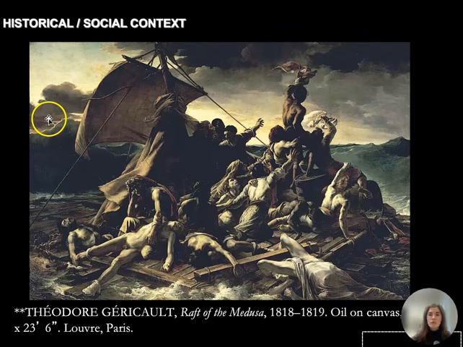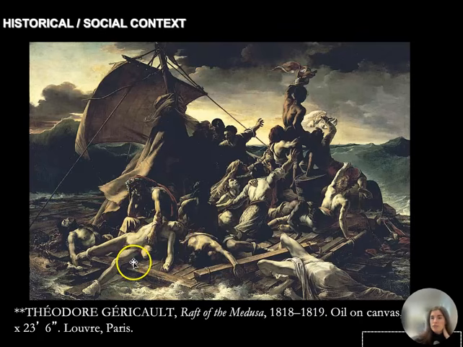The power of nature is often really heightened. So you can see these dramatic waves. And the figures are all oriented into this pyramidal composition. I don't know if they looked like this when they were found, but Jericho has made some deliberate compositional changes to make it into this organized fashion. And then he's also even referencing a figure going back to the literature of Dante.